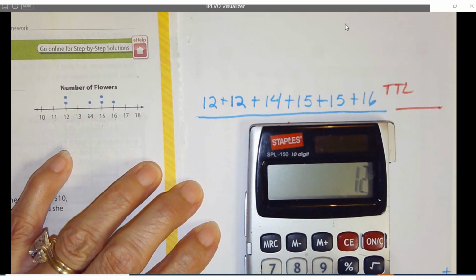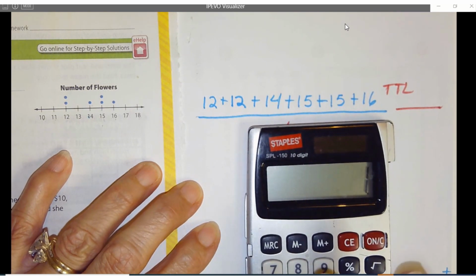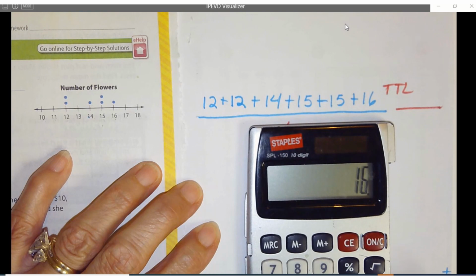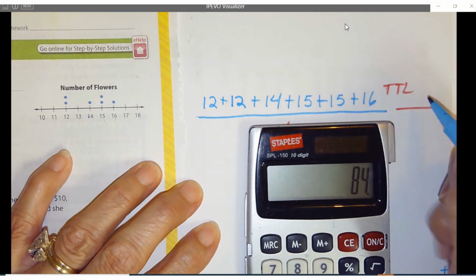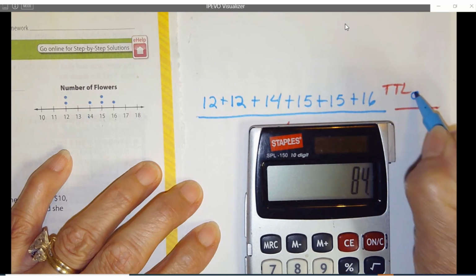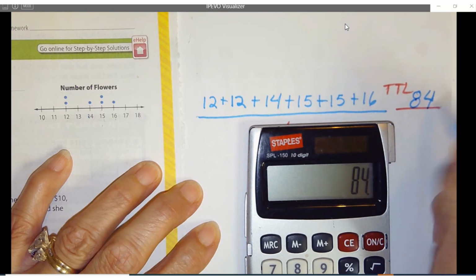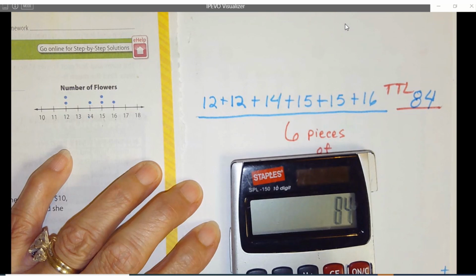12 plus 12 plus 14 plus 15 plus 15 plus 16 equals 84. So I have 84 total divided by the 6 pieces, and my answer is 14.